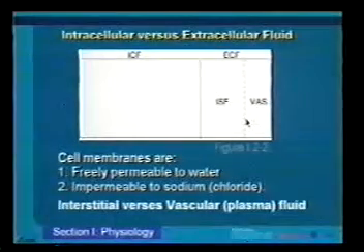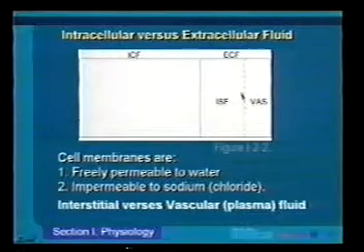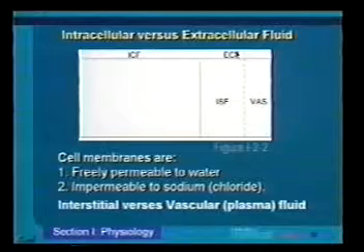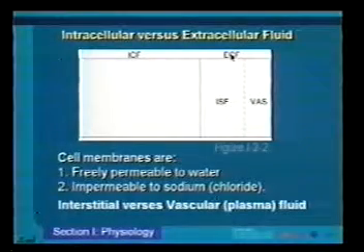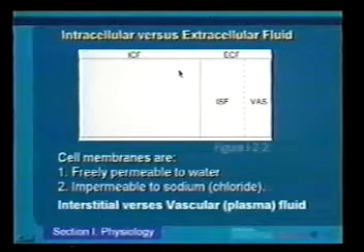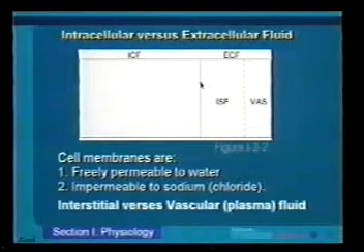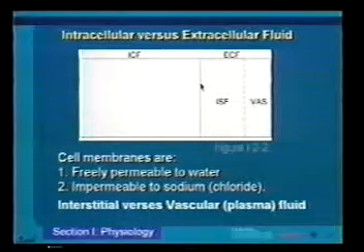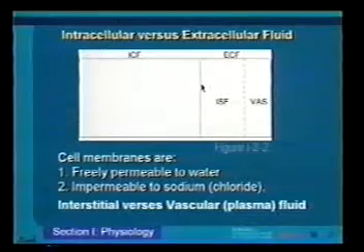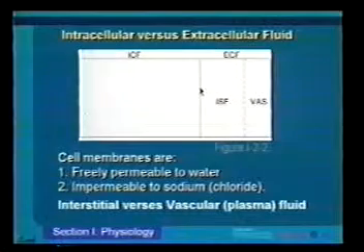Now in this chapter, we're going to focus mainly on the distribution of fluid between the extracellular and the intracellular compartment. And to understand these type of questions, you have to know exactly the important characteristics. You must fully understand all details about the general characteristics of a cell membrane.